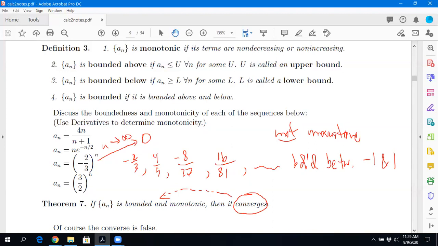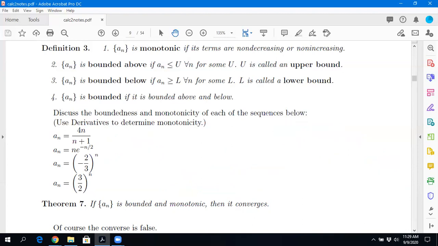This is an example of a converging sequence that is not monotonic. It will be bounded though, because the terms have to get close to some number eventually, so you only have to worry about the first part of the sequence, and that stuff will be bounded. Okay, any questions on that?